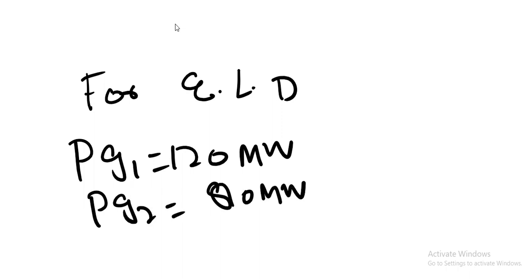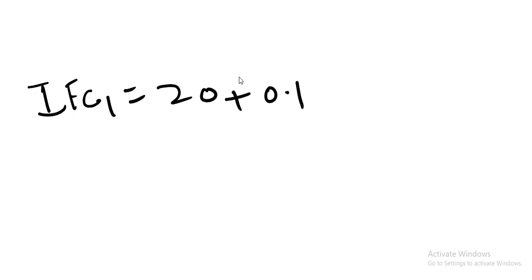Right. Now, if we have to calculate the incremental fuel cost of these plants, it's very simple. Put the values of PG1 and PG2 in the corresponding equations. Let's check it. IFC1 is equal to 20 plus 0.1 PG1, that's 120. It comes out to be 32.